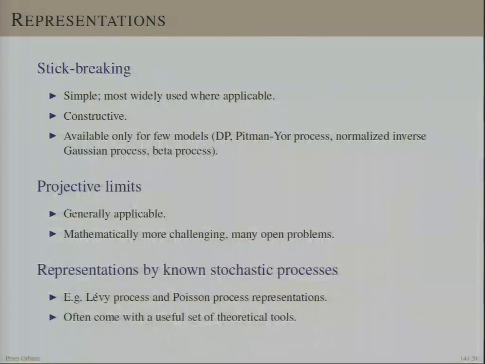Then there are these projective limit constructions. So these are the constructions that I showed you on the two previous slides, where you construct the infinite dimensional object from its marginals, Gaussian process, Dirichlet process, and so on. These are the most generally applicable way to do this, and this is like the standard construction tool in stochastic process theory. But they are mathematically more challenging.